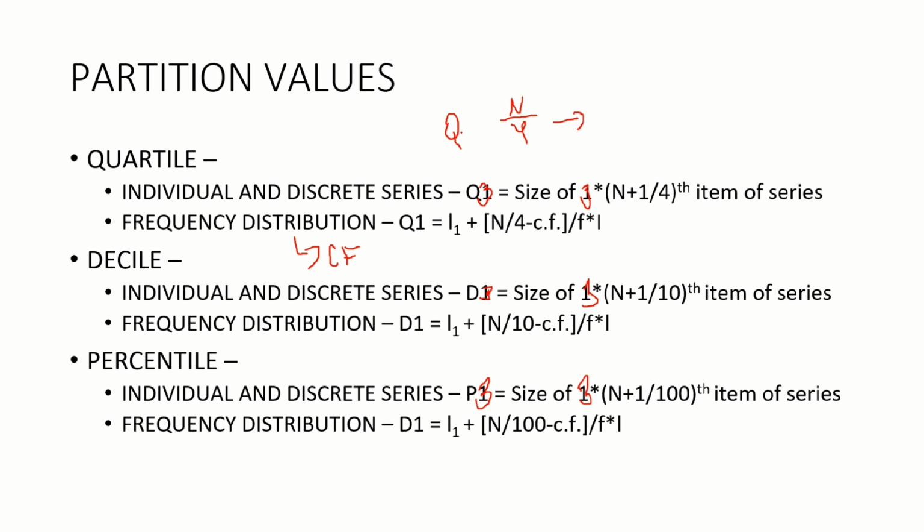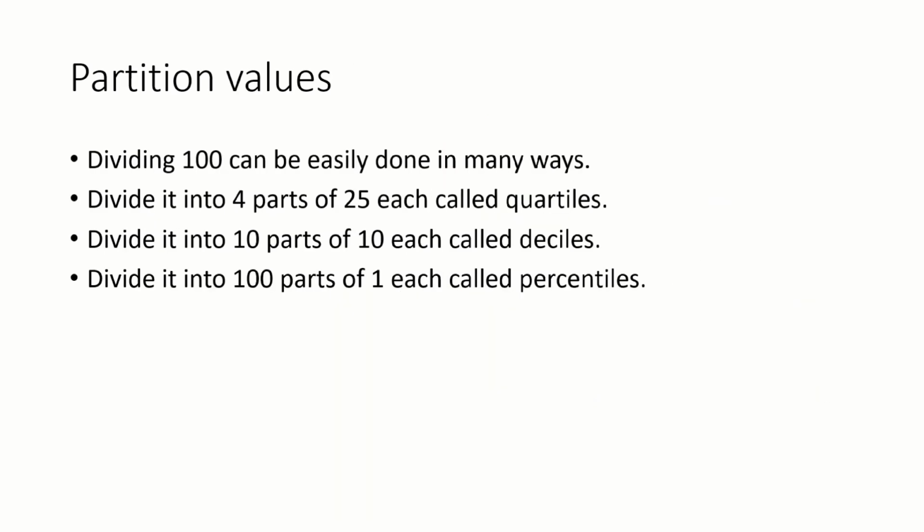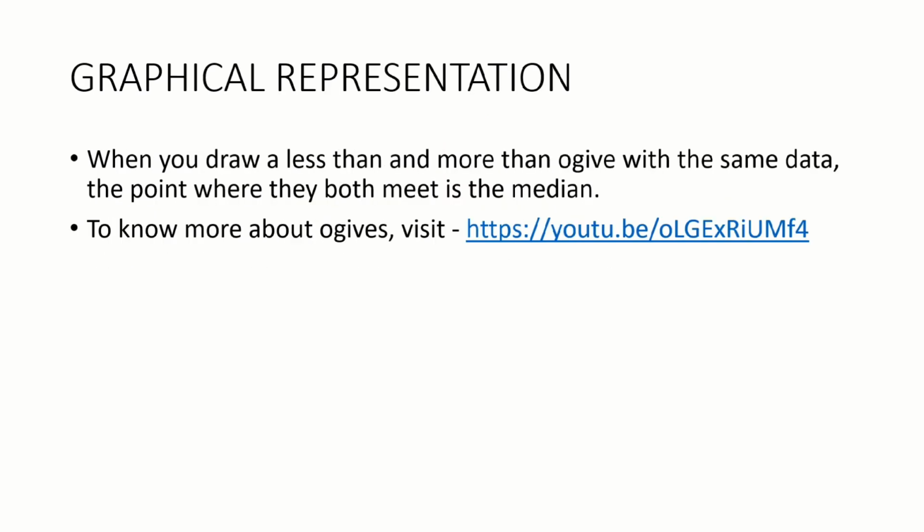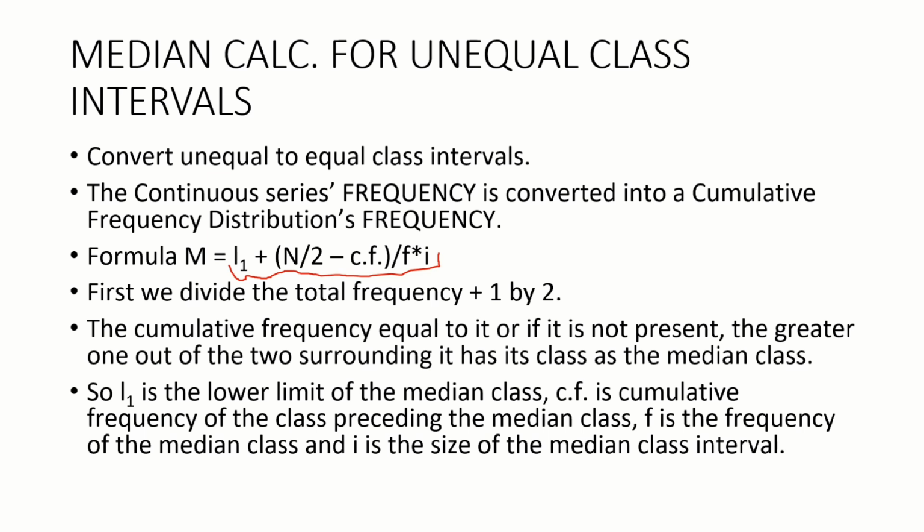Now, as I had told you earlier, let's rewind to that part. The best thing is that you can actually go back and forth. The cumulative frequency equal to it, or if it is not present, the greater one out of the 2 surrounding it has its class as the median class. Well, same goes here.